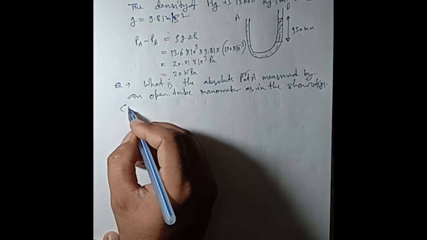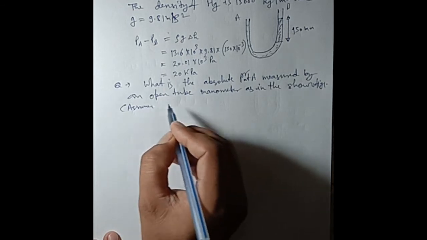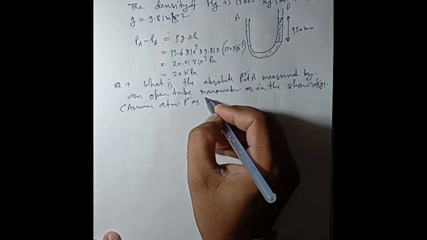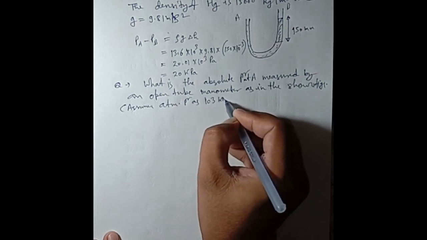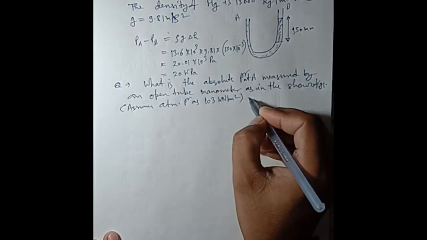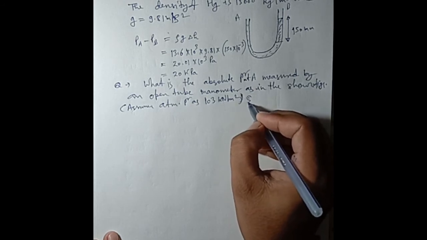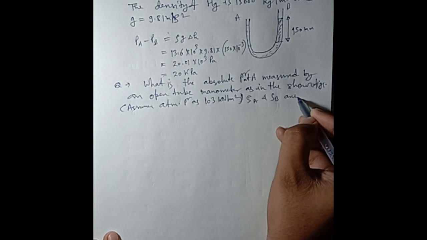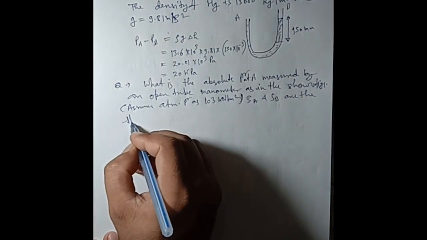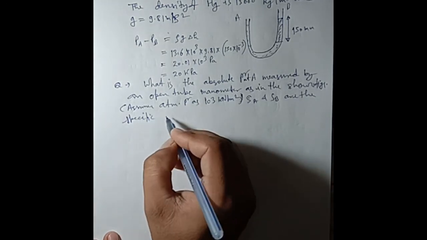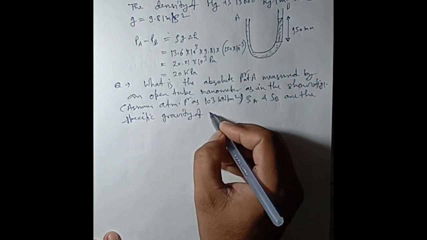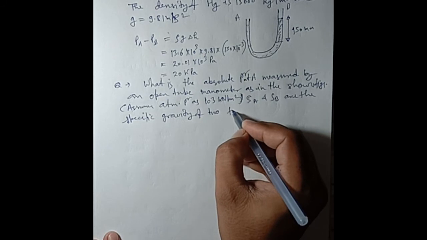Assume atmospheric pressure as 103 kilonewton per meter square. SA and SB are the specific gravity of two fluids.